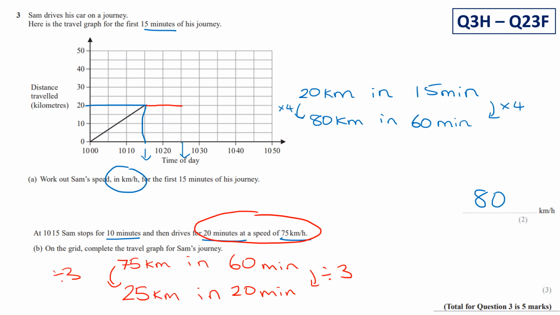So if that's from 10:25 through to 10:45, and I need to increase from here, 20 kilometers up to here, at 45, in which case from 10:25 through to 10:45 would be how to complete the graph for Sam's travel journey.